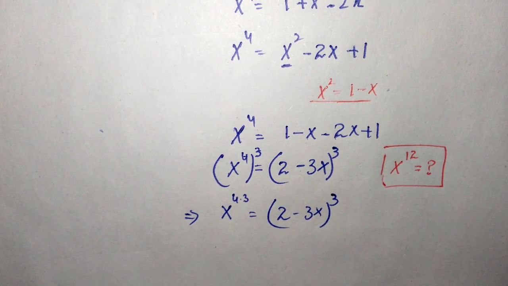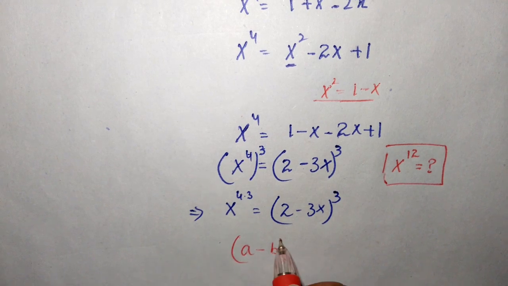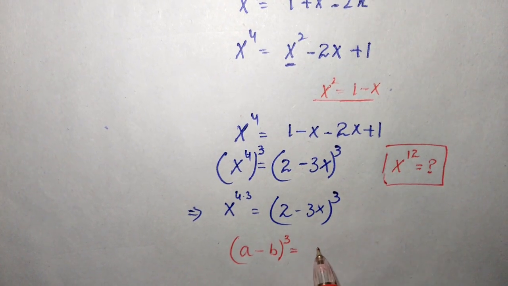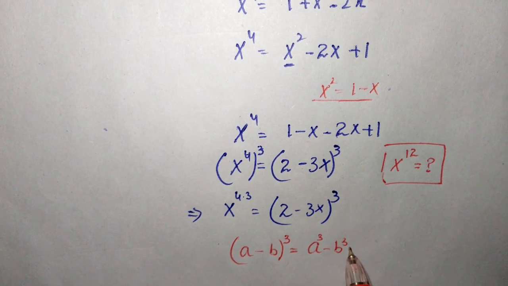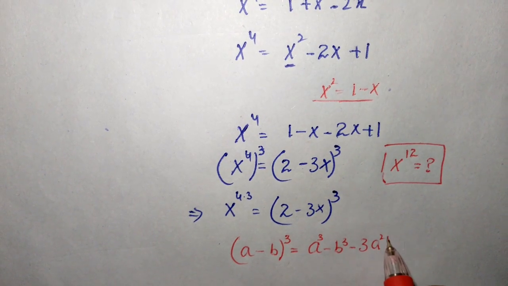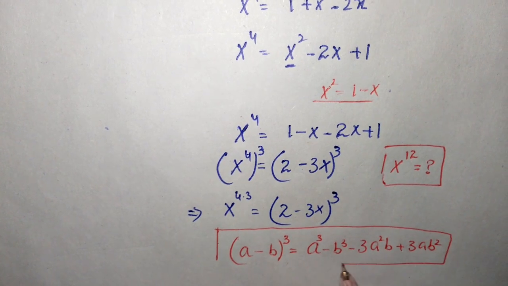Now here we know that this is in the form of a minus b whole cube. This is equal to a to the power of 3 minus b to the power of 3 minus 3a square b plus 3ab square. We have to apply this formula here.